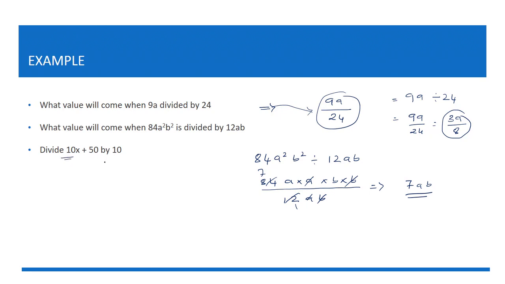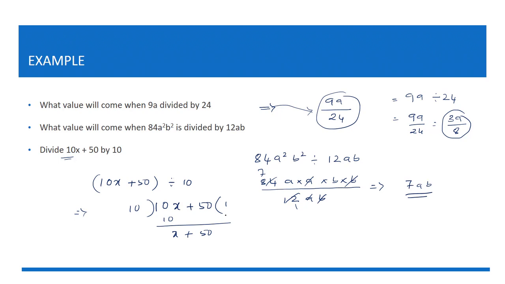Now let us check out the third example here: 10x plus 50 divided by 10. What can we do here? You can do it like this also. 10x plus 50 divided by 10. 10 ones are 10, so x will come, plus 50.